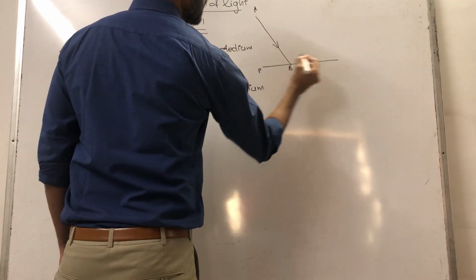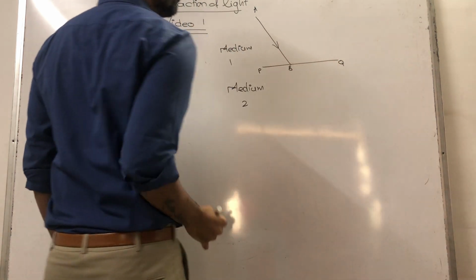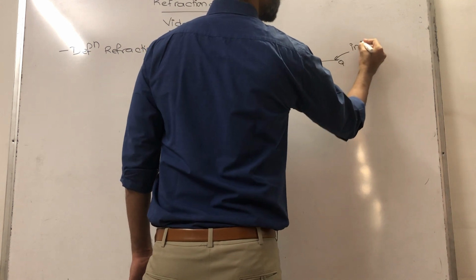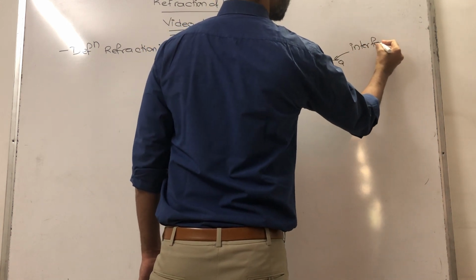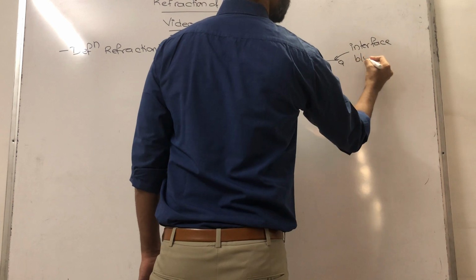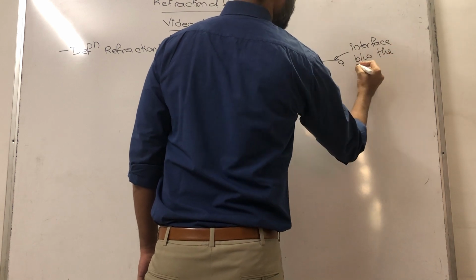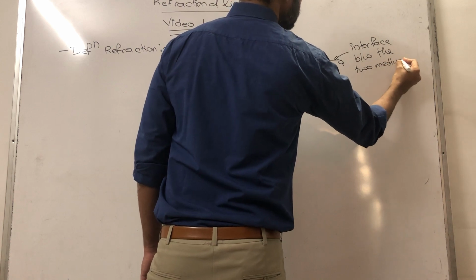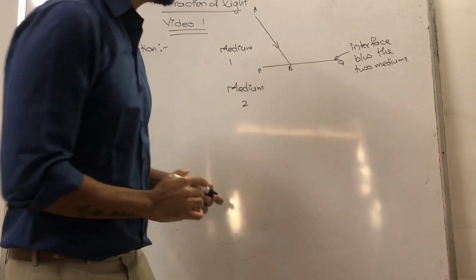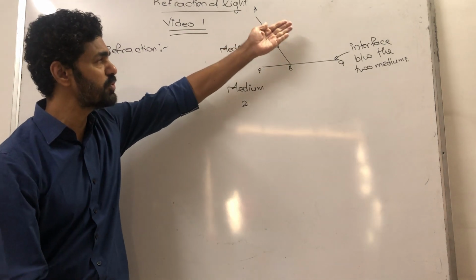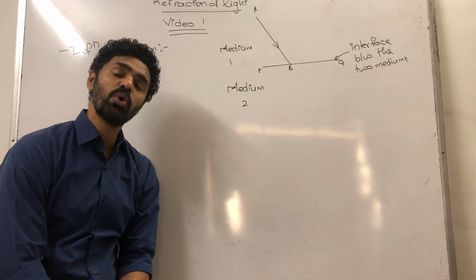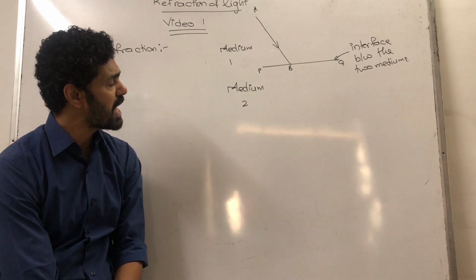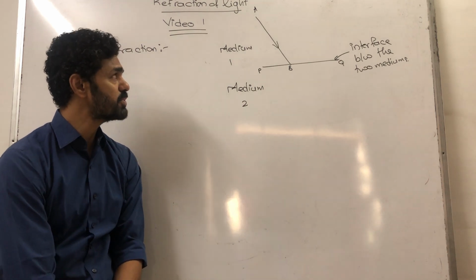This line PQ we could say is the interface between the two mediums. That is, PQ divides the two mediums. The upper half of PQ is medium 1 and the lower half of PQ is medium 2. The light is traveling from medium 1 to medium 2.